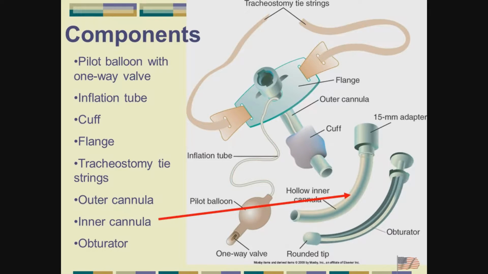There are probably, I don't know, a dozen easily different types of tracheostomy tubes. We're going to focus on simply the reusable inner cannula with a dual cannula system. Okay, you can have just a single cannula tracheostomy tube where it's just one inner cannula, just like an endotracheal tube. Most of the ones you'll encounter, though, will be this dual cannula style.